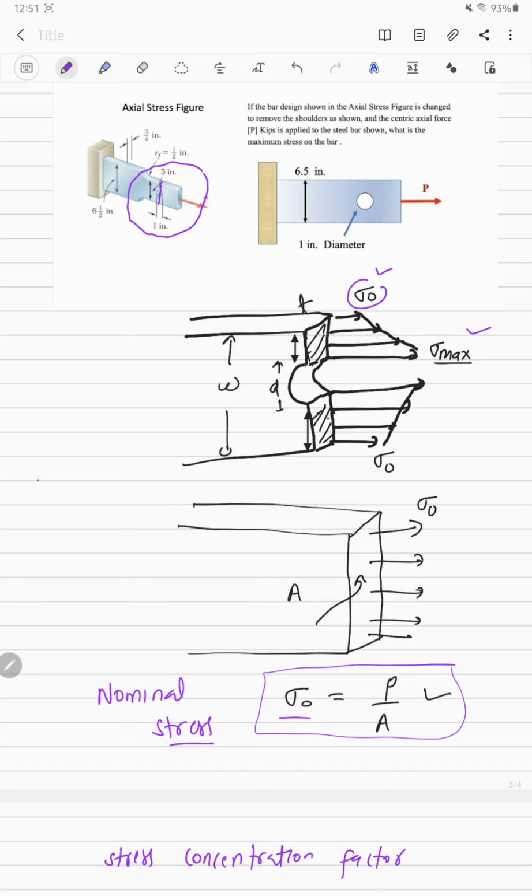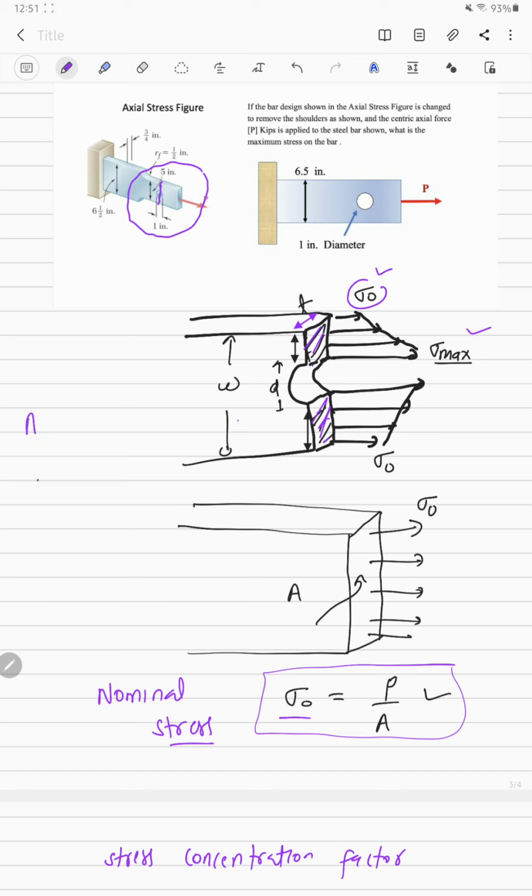So how can we find the area? This width is W, thickness is T, and the diameter of the hole is D. What will be the cross section area? This shaded area total is very simple to find.